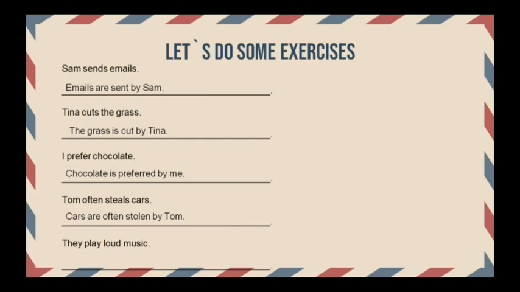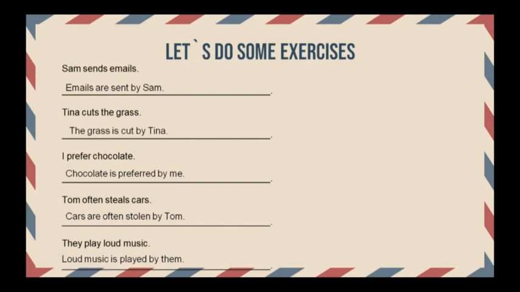Let's see the next one. They play loud music. So they is a subject, play is a verb, loud music is an object. Okay, so loud music has to be a subject of the passive sentence. So loud music is played by them. Great.